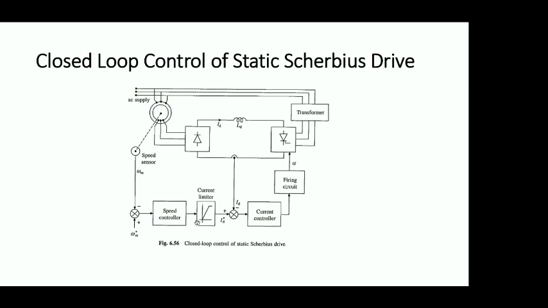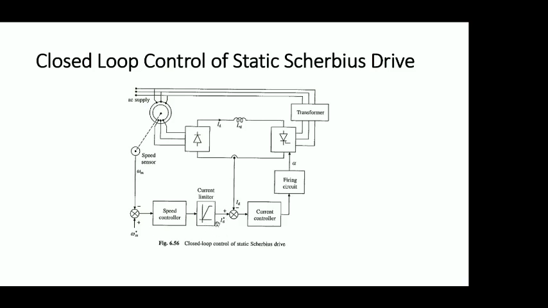According to the design, it will give an ID star signal. And we have a current limiter here. This current limiter is given because there is a certain limit for this current. I said previously, if you increase the current beyond ID, then there is a chance of failure. So we have to limit the current. That is why we are using a current limiter here.